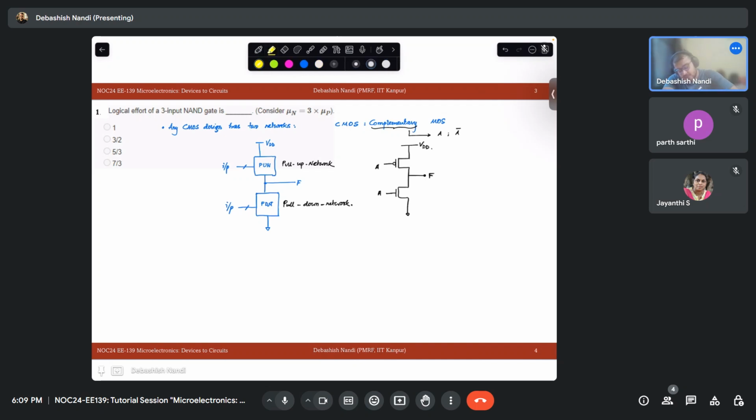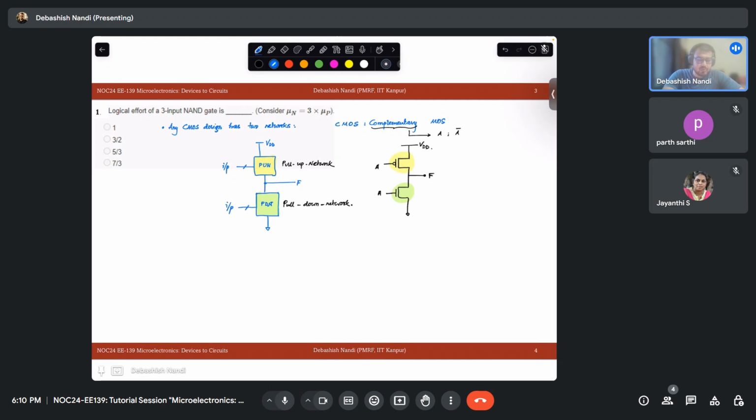Here, let's say this is my pull-up network and this one is my pull down network. By the way, why do we call it pull up and pull down? I think it should be obvious by now.